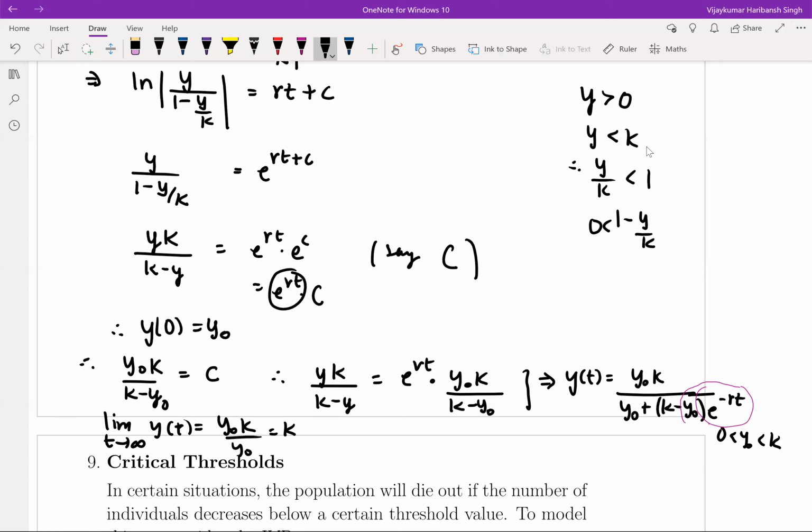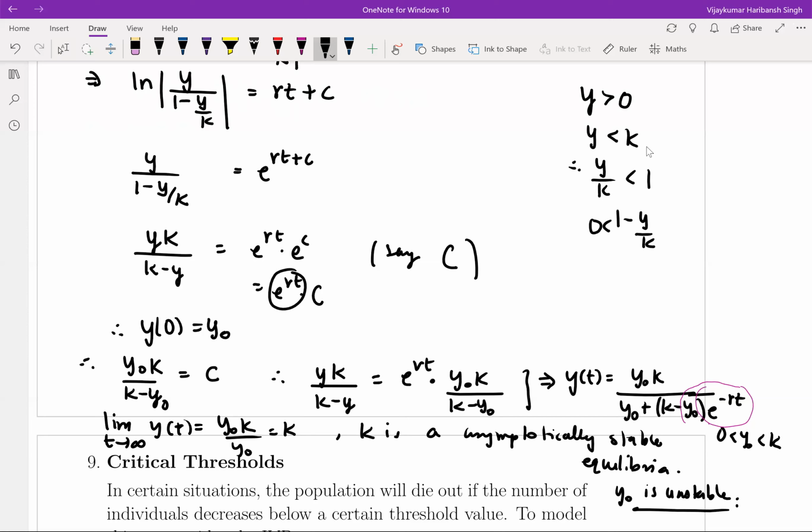That means k is an asymptotically stable equilibrium. And y0 is unstable, right? So this is the whole analysis of logistic growth.